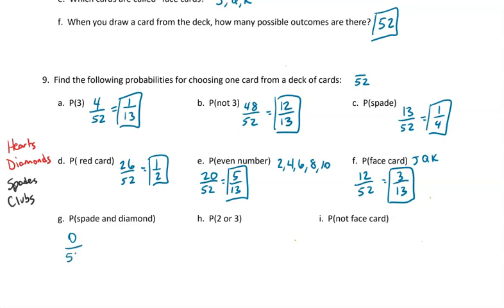So that's 0 out of 52, or just 0. All right, what about probability of 2 or 3? Well, there's 4 2s and 4 3s. So that's 8 out of 52, or 2 out of 13.